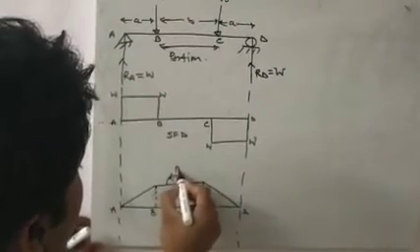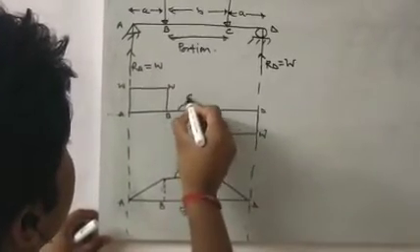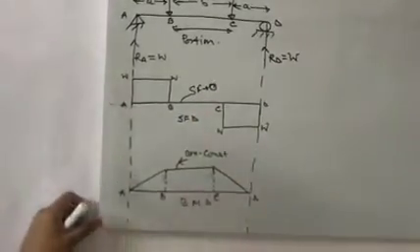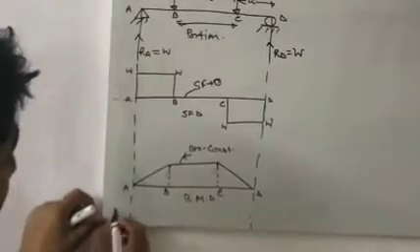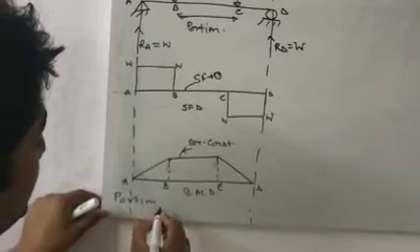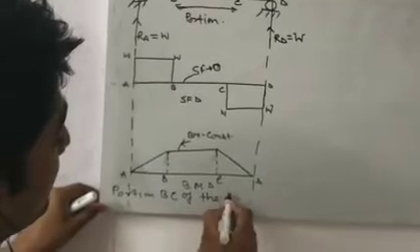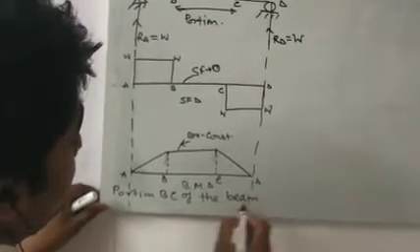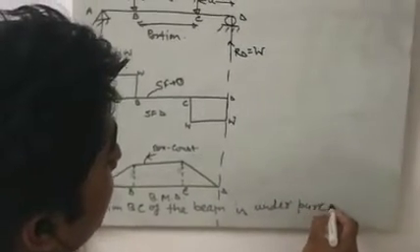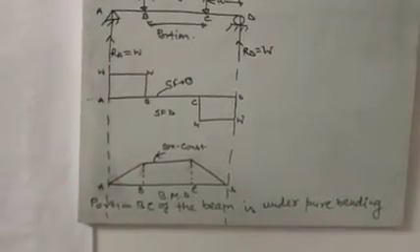Here bending moment is constant and shear force is 0. Shear force is 0, so we can say that portion BC of the beam is under pure bending. Portion BC of the beam is under pure bending.